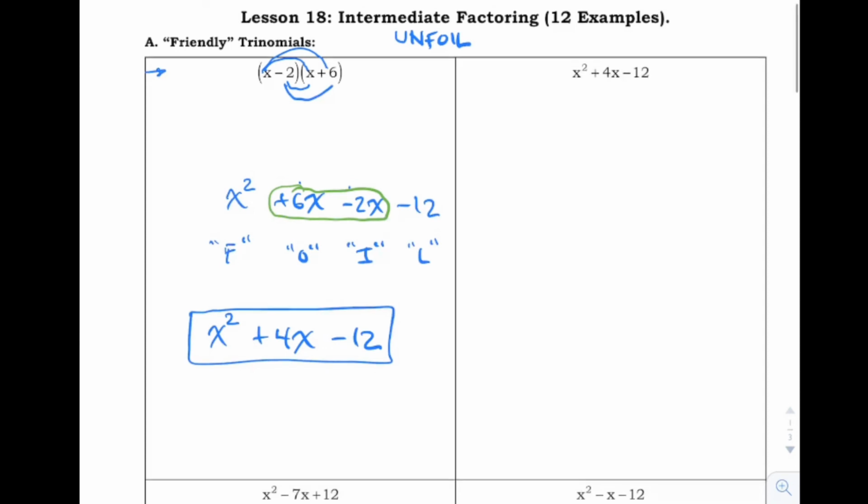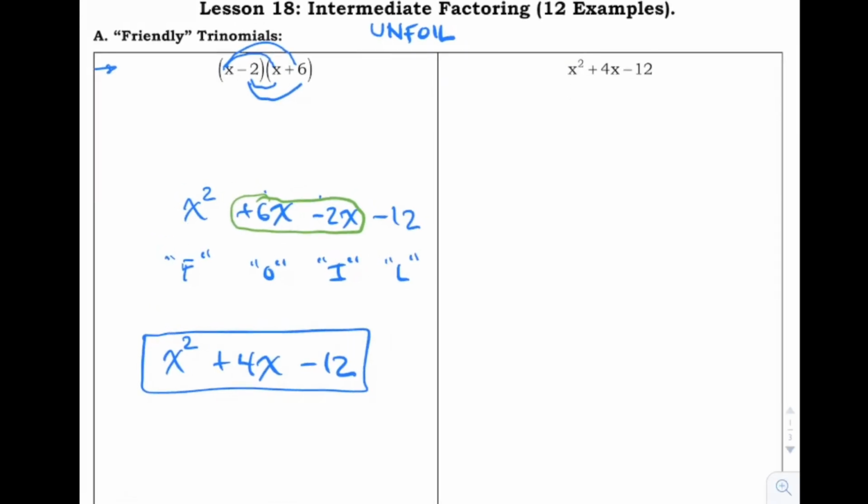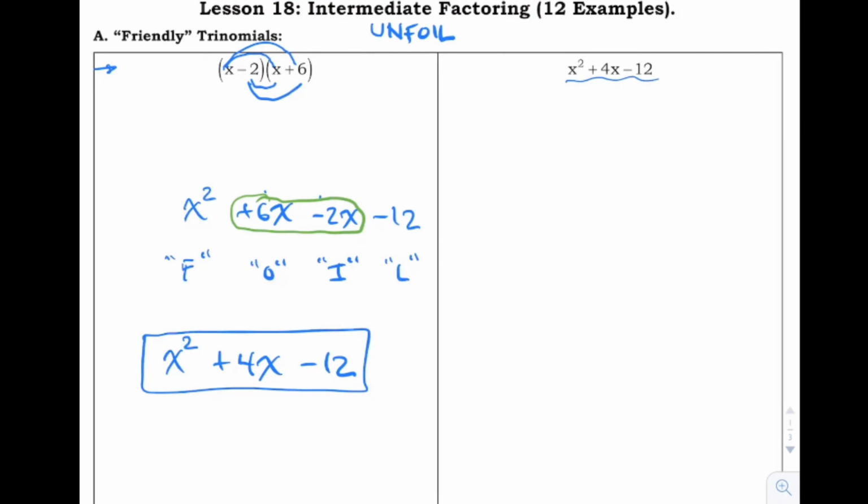Now look at this example over here. So we get this x squared plus 4x minus 12, and we want to go the other way. We don't want to foil out and get this. We want to unfoil. Actually, I hope this looks extremely familiar because we foiled this, x minus 2 times x plus 6.